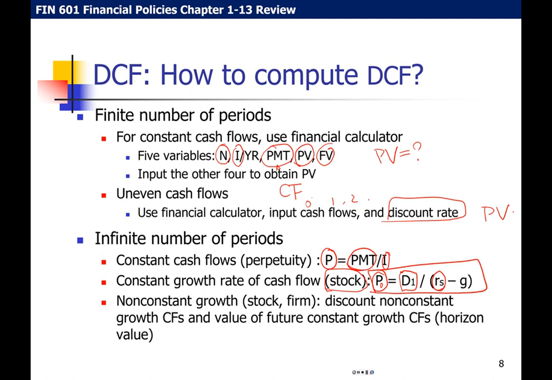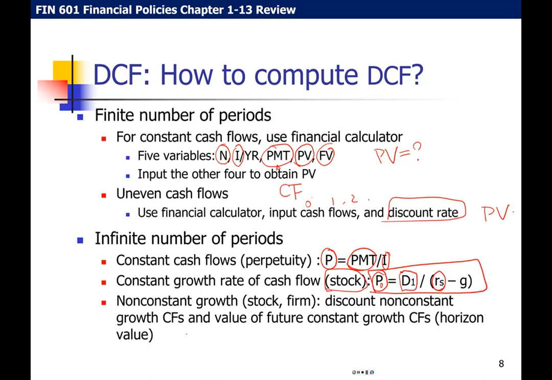Okay. And next, more complicated patterns of cash flow. Non-constant growth cash flows. It's also used for stocks or firm valuation. We can typically forecast for a couple of years into the future.